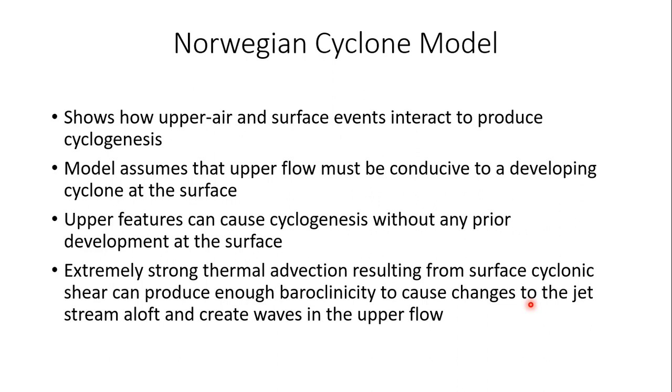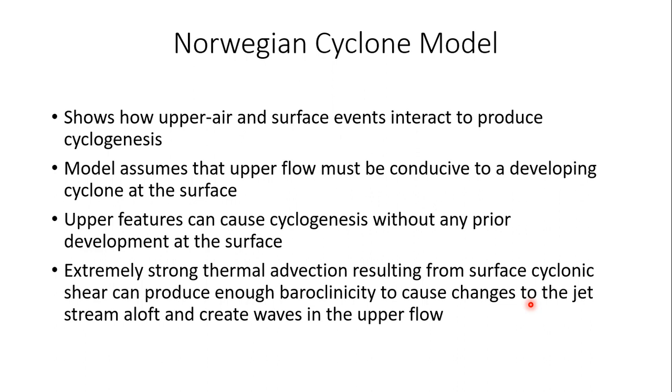Now, this Norwegian cyclone model assumes that the upper flow must be conducive to developing a cyclone at the surface. Upper features can cause cyclogenesis without any prior development at the surface. I did talk about that in previous videos as well, mainly with the relation of a shortwave trough at 500 millibars, for example.